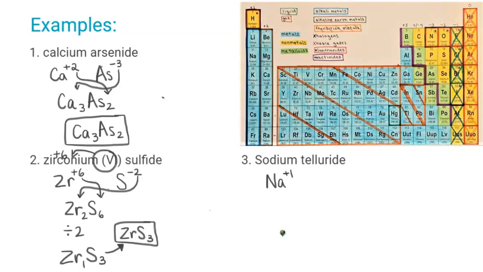So we'll put Te with a -2 charge. Then when we crisscross, or sometimes we like to call it cross and drop, Na will take the 2 from the tellurium, and tellurium will take the 1 from the sodium. But then we do not show a 1 in our final answer, so I'll just rewrite Na2Te as our final answer here.